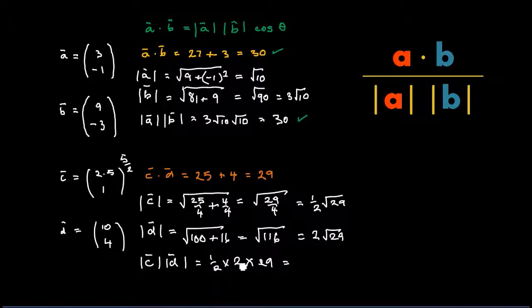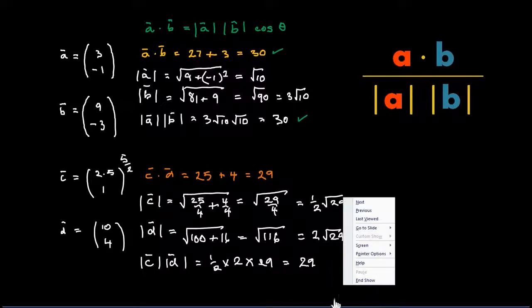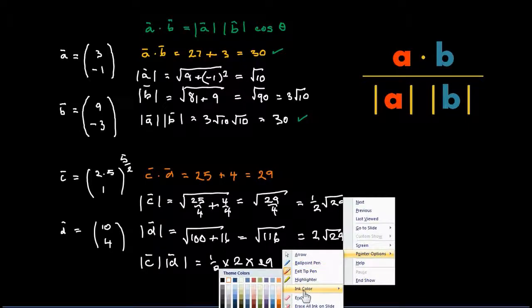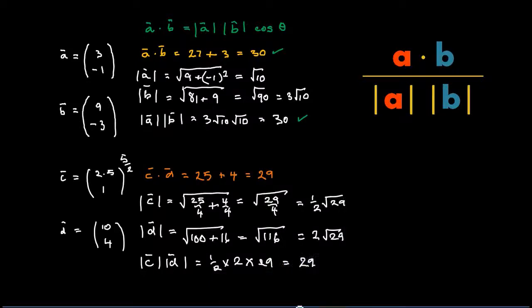Half times 2 is 1, and 1 times 29 is 29. So again, I've proved that they're parallel because I've got the same answer using my product of the two magnitudes, giving me 29. It's giving me the same result as my dot product calculation. If they're the same, then cos theta must be 1. If cos theta is 1, then theta must be 0. Therefore, these are parallel.